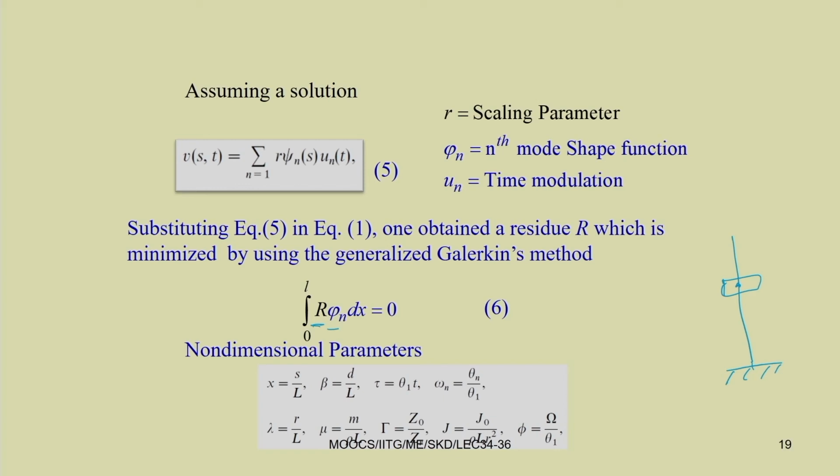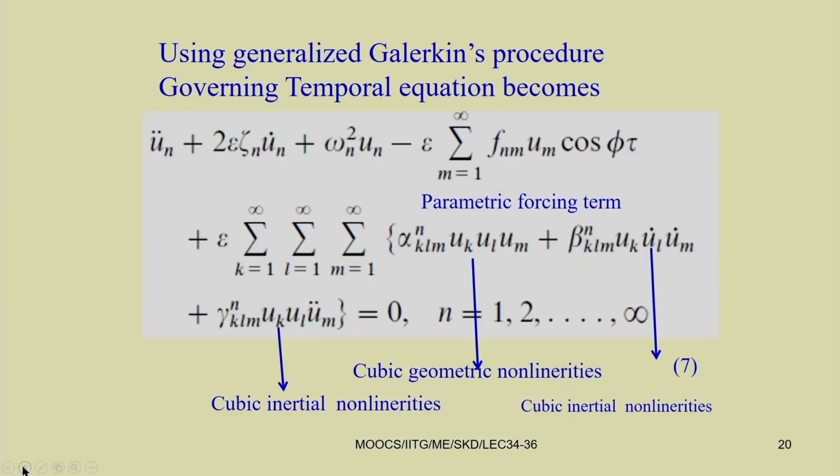So we have taken the non-dimensional amplitude of base motion, and j equal to j0 by L r square. Phi equal to omega by theta 1, the external frequency by theta 1. This way, using the generalized Galerkin procedure, we can find the governing temporal equations of motion.